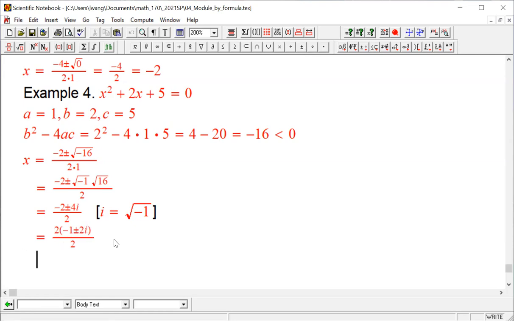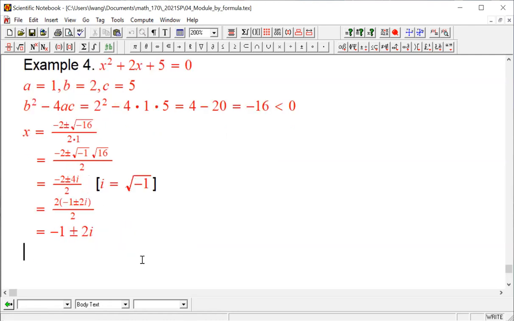The 2 on top and the 2 on the bottom will be reduced. So we ended up with negative 1 plus minus 2i. If we want to list the 2 solutions, one is x1, which equals negative 1 minus 2i, and the other one is x2, which is negative 1 plus 2i.